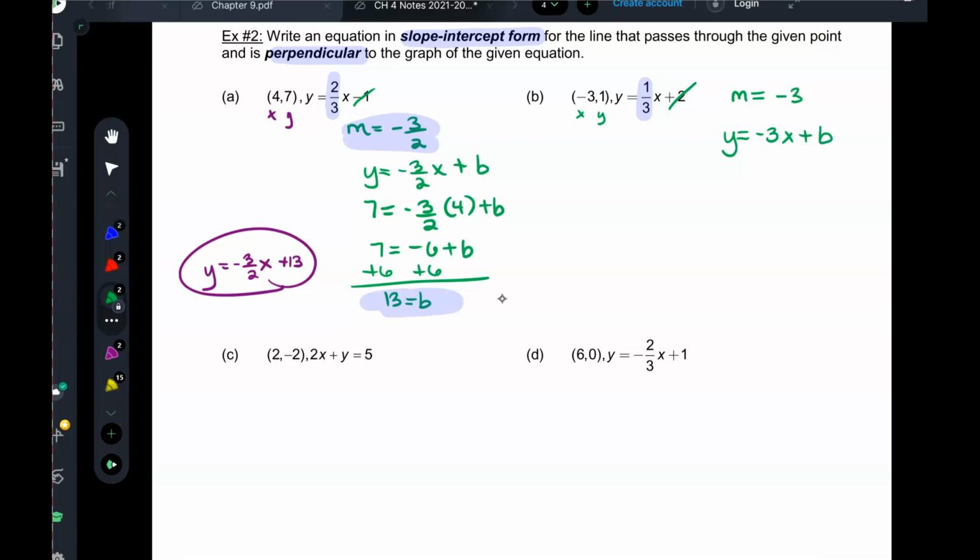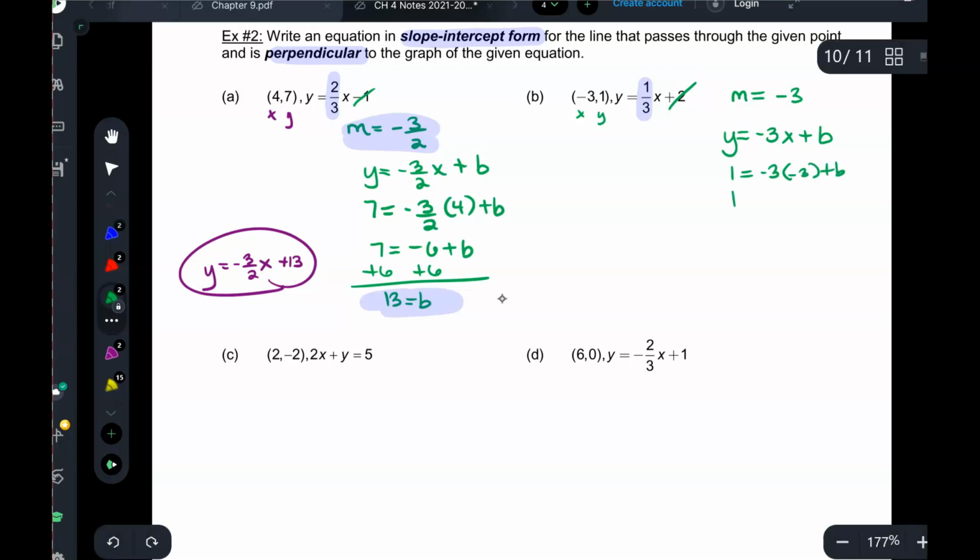And so let's substitute in. So I have 1 equals negative 3 times negative 3, yes, and then plus b. So I get 1 equals negative 3 times negative 3 is 9. Oh, wait, oops, I didn't multiply by the x value. What do we get for b? Negative 8. Good.